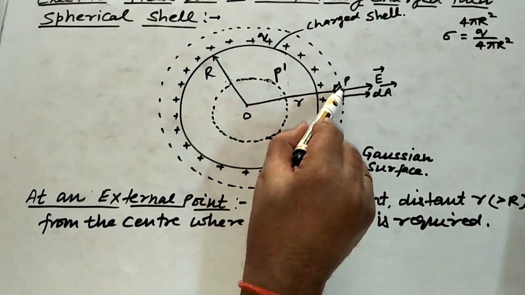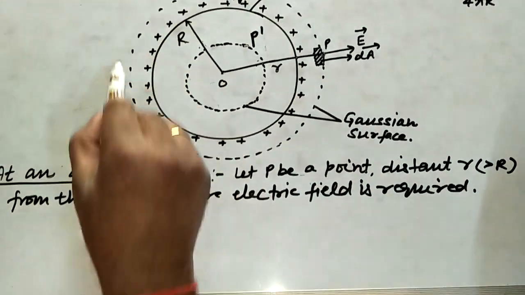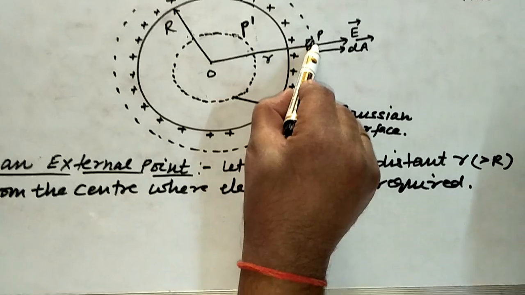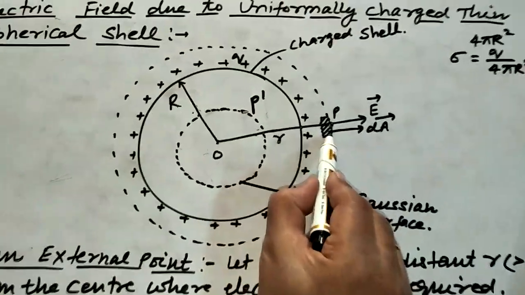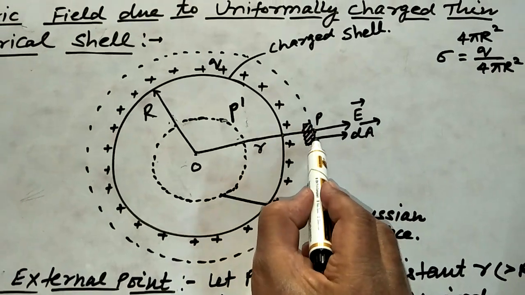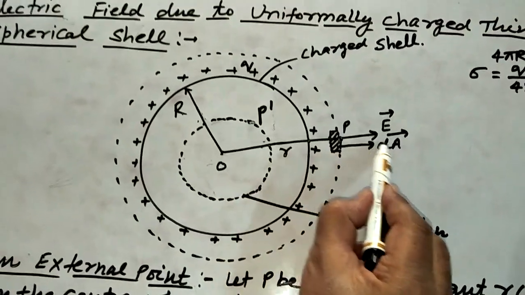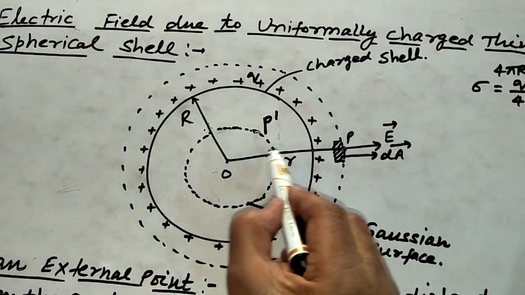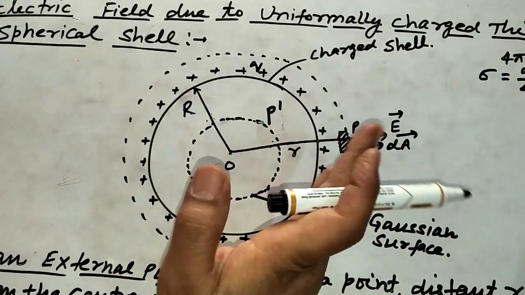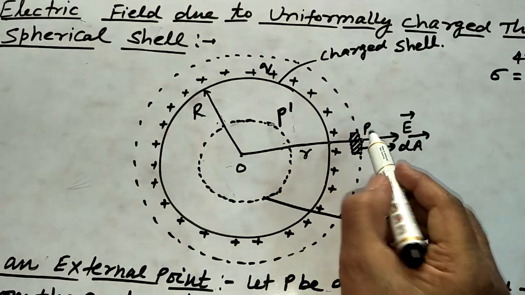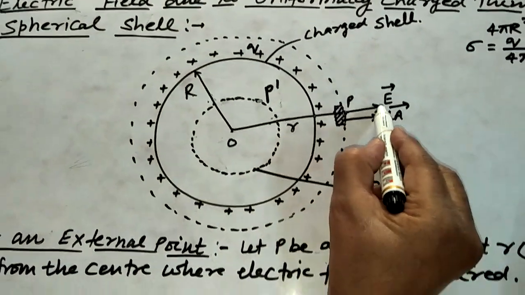First we draw a Gaussian surface passing through the point P, and consider a small area element on this Gaussian surface. The area vector is dA outward, and the electric field due to this charged spherical cell also goes radially outward.